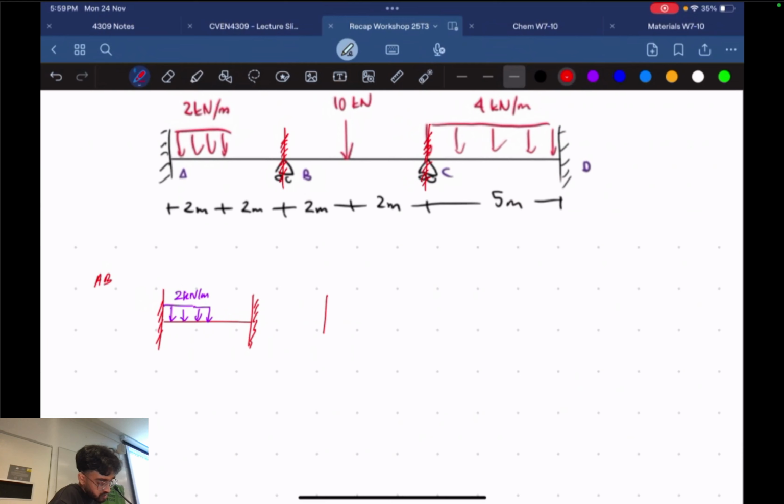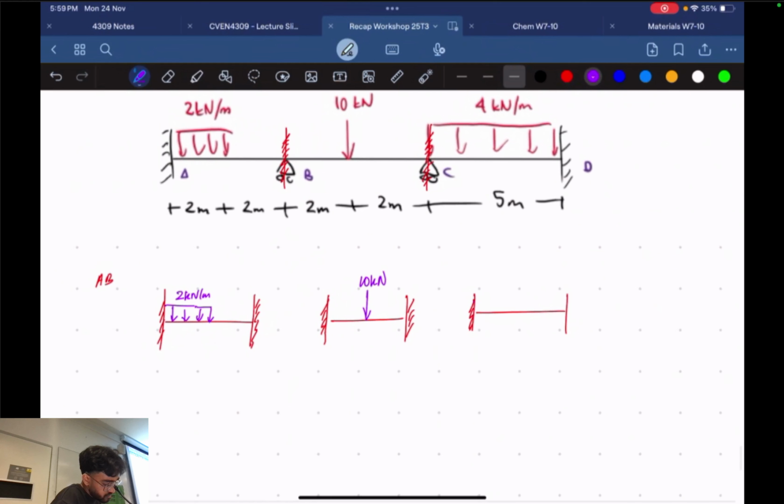Then you'd also have this section BC. Then you'd have another section here, like this, of 4 kilonewtons.